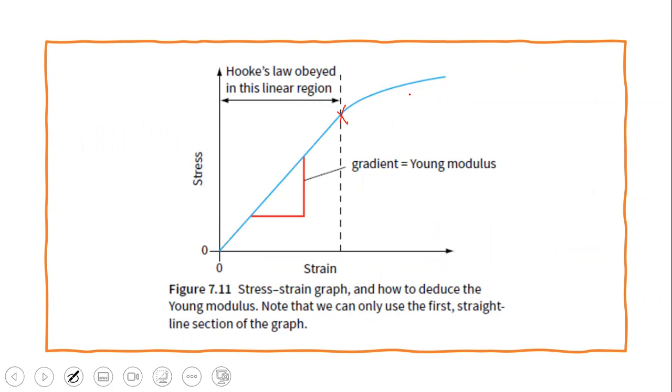So if you have a stress strain graph and they ask you to find the Young modulus, just look at the gradient. By finding the gradient of the line, you can calculate whatever your Young modulus is going to be. Any confusion? Does anybody want to ask anything?